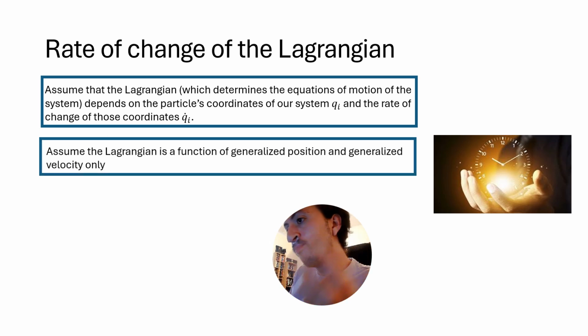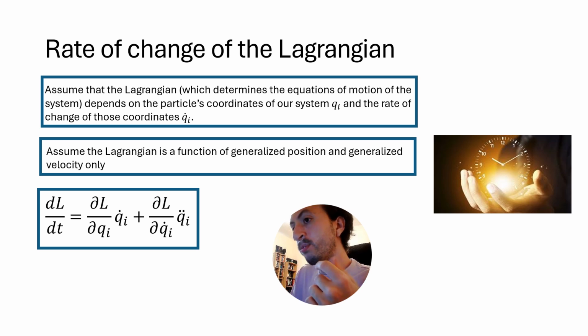So, because the Lagrangian depends on kinetic and potential energy, and kinetic and potential energy together depend almost exclusively on Qi and Qi dot, we can say that the Lagrangian itself depends on Qi and Qi dot. And therefore, using this, we can use the chain rule to write a generic expression for the Lagrangian, knowing nothing more than simply that it is a function of Qi and Qi dot.